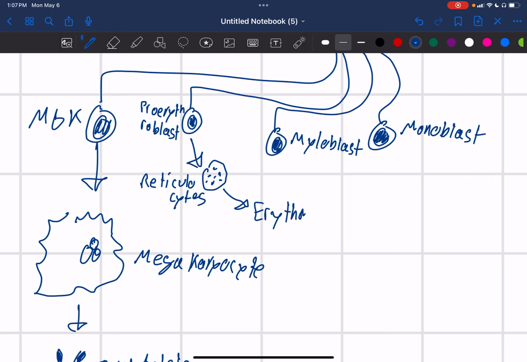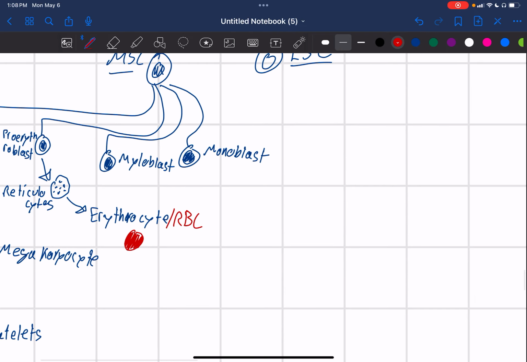Erythrocytes, right? And this special cell right here, let me do it in red actually. This erythrocyte is actually a red blood cell, right? AKA RBC.